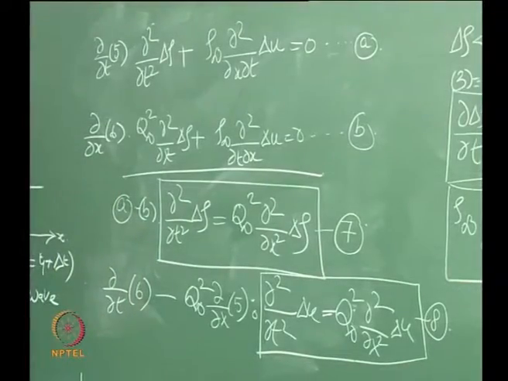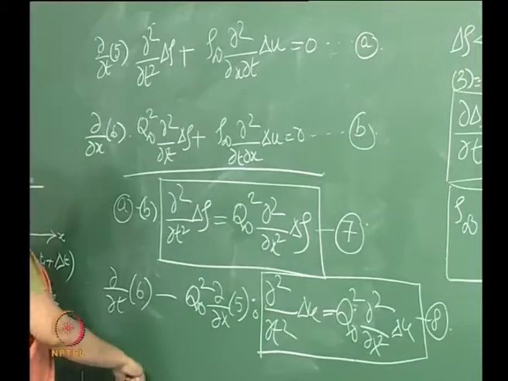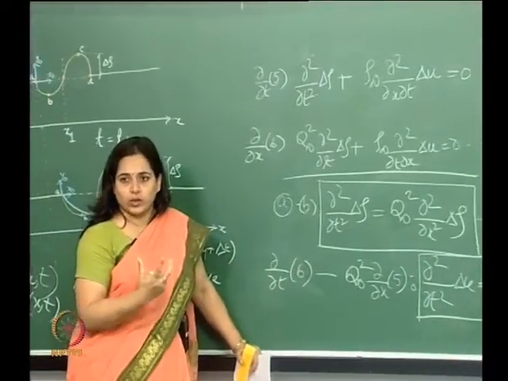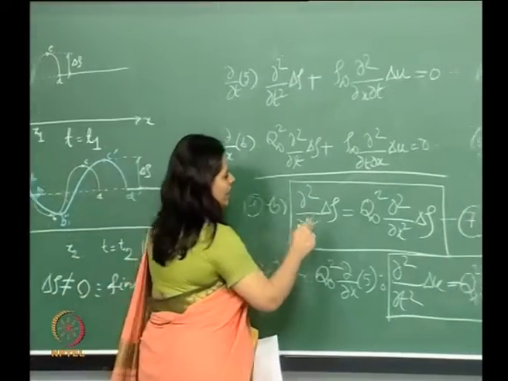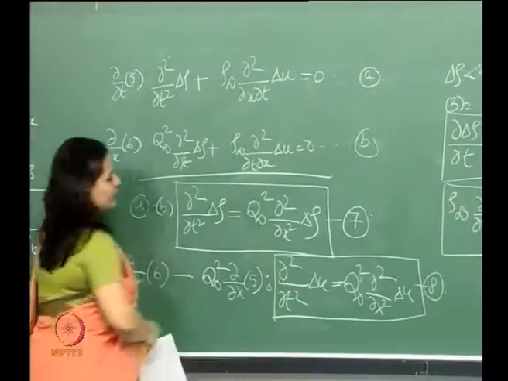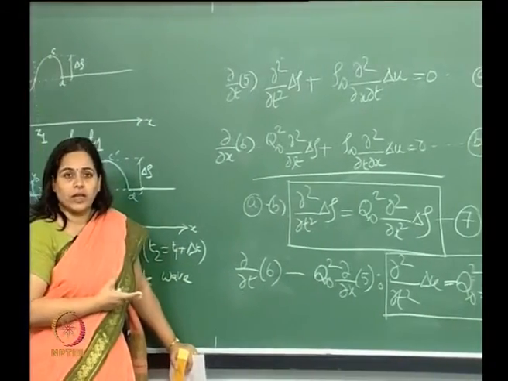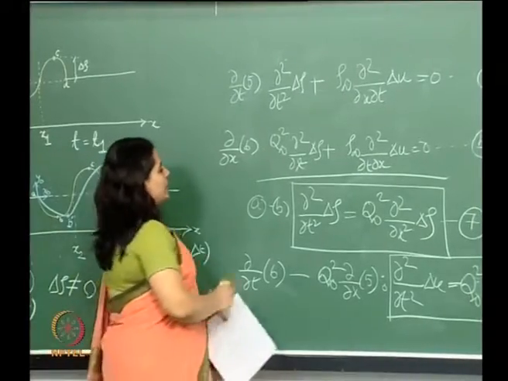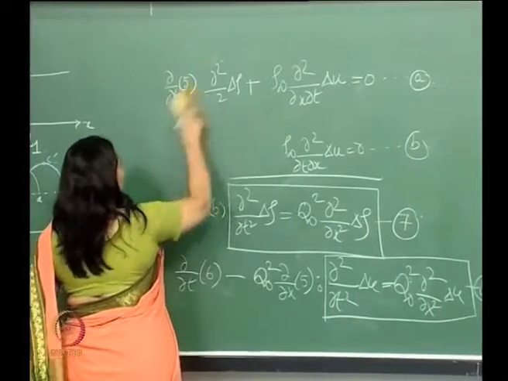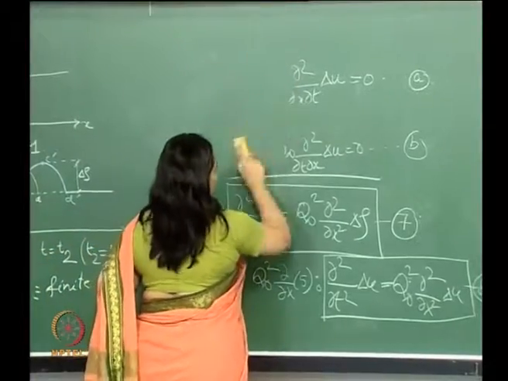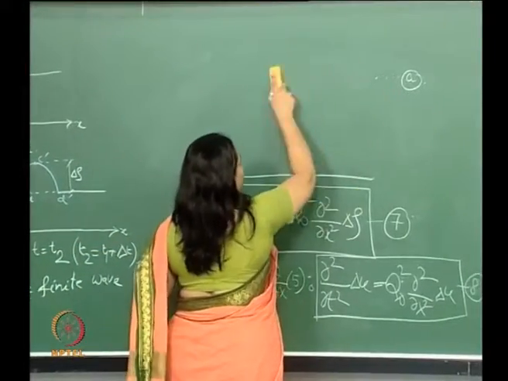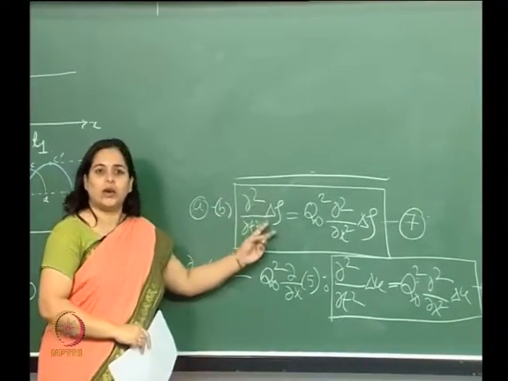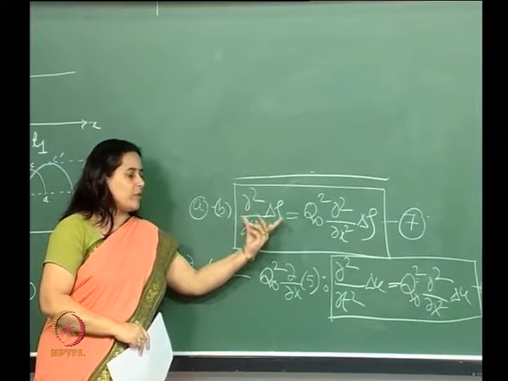Equations 7 and 8, right. So what you see over here is basically I have two equations, one in delta rho and the other in delta u. Once I'm able to solve these, I should be able to figure out what my perturbations are. Now the beauty of equations 7 and 8 is that we have a ready-made solution, because I hope by this time this equation should be familiar to you.